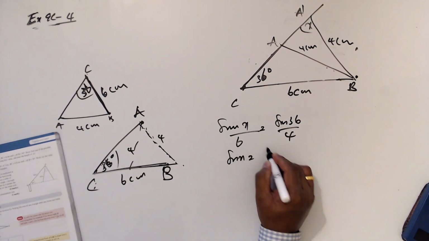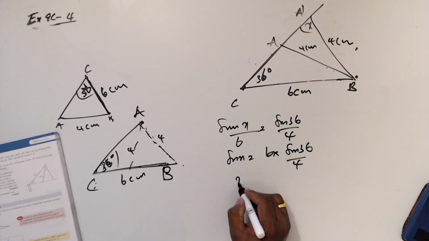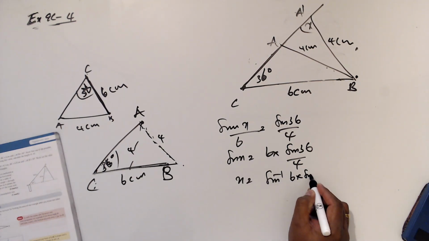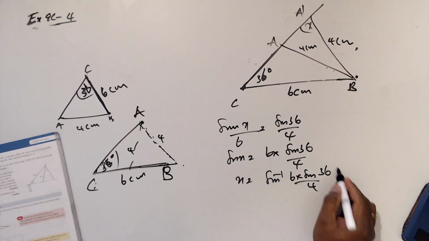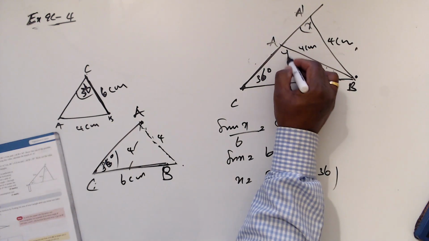Sine X equals 6 times sine 36 over 4. X equals sine inverse 6 times sine 36 over 4, which is 61.84. Or this one y.